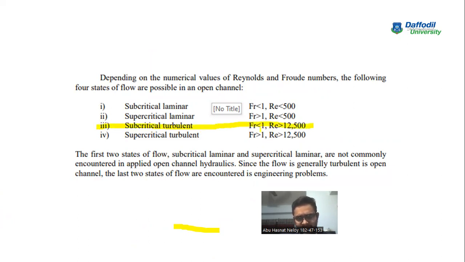Our Froude number is less than 1 and the Reynolds number is greater than 12,500. So in our mathematical problem we meet this condition, and then we can say that our flow type is subcritical turbulent flow. So that is the problem regarding state of flow.